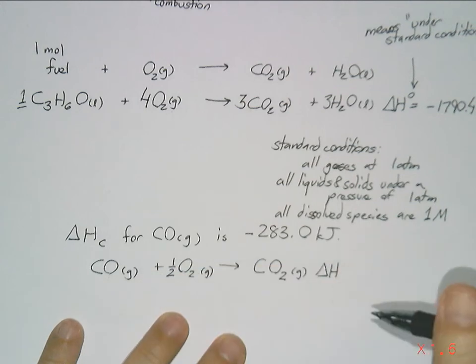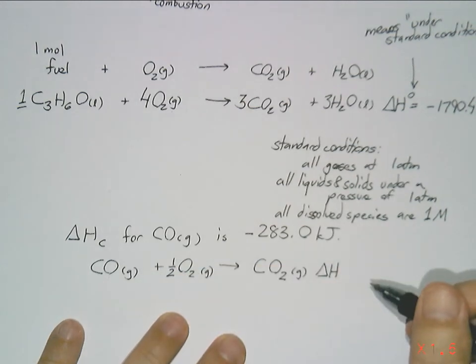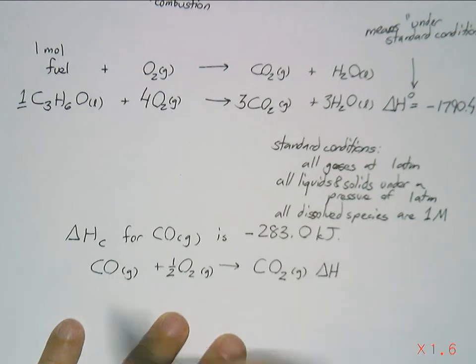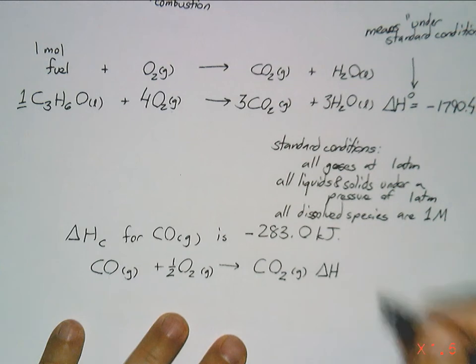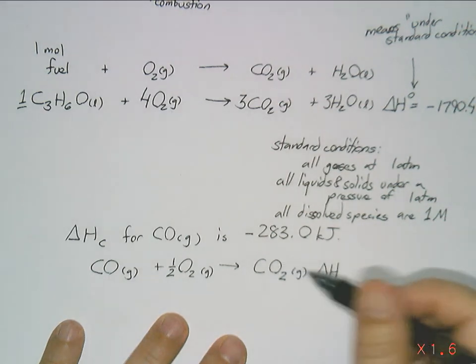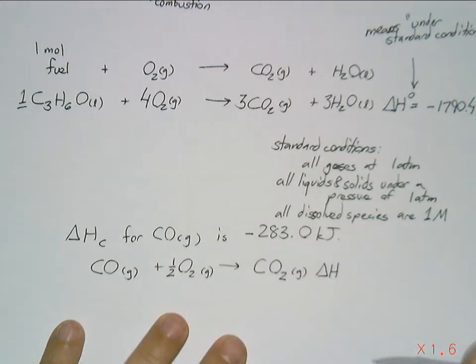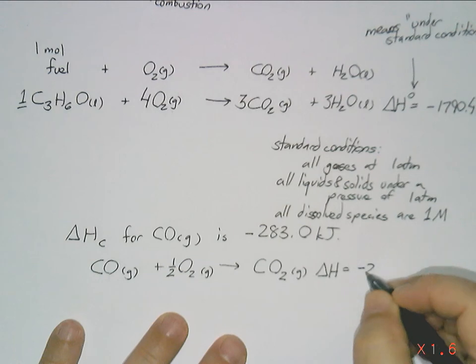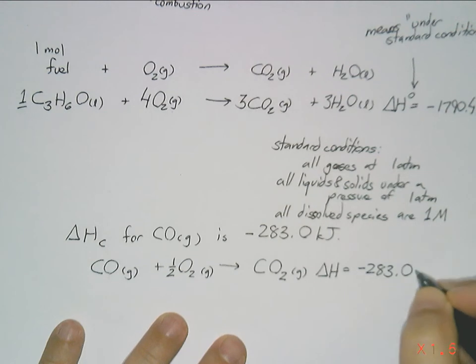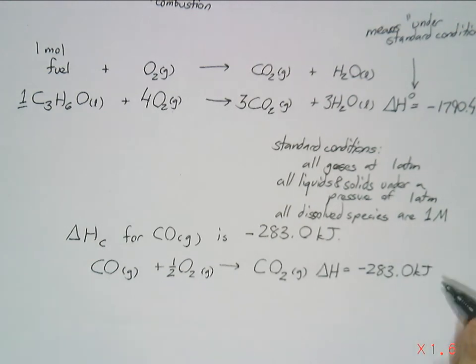But when you're writing thermochemical equations, you got to keep a 1 in front of this. And so what you need to do is put a half in front of that to get things to balance. Now there are 2 oxygens on each side of this. So you can get this equation a couple different ways, right?